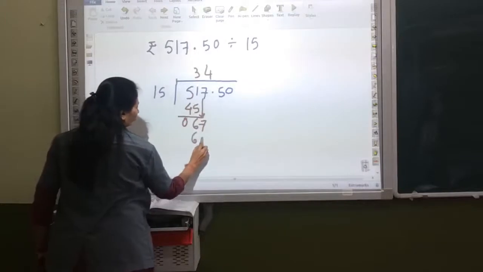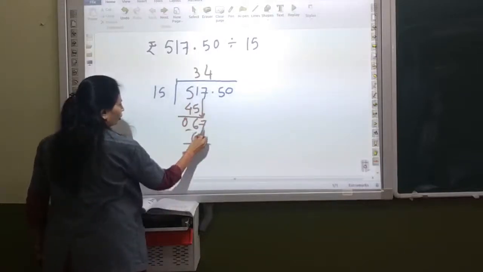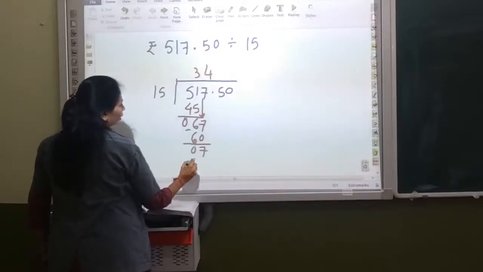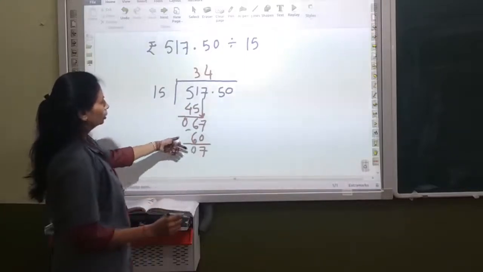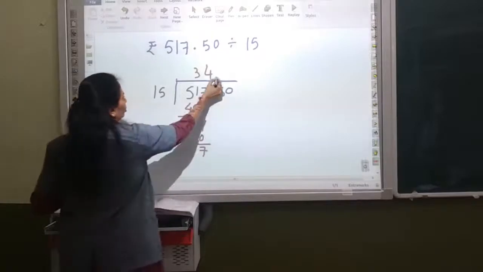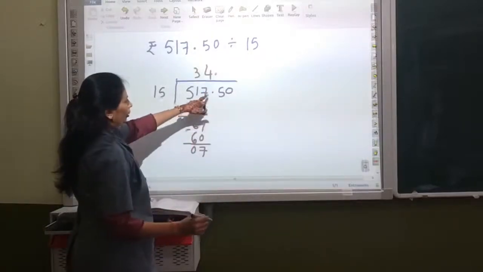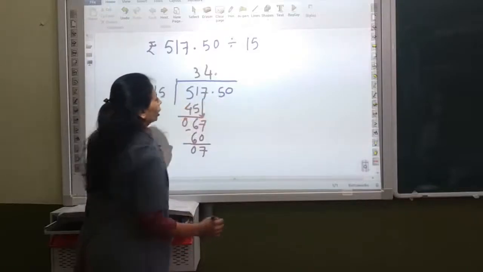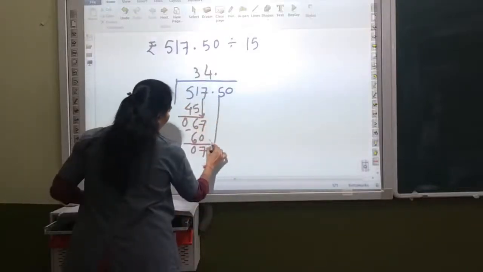So you know very well 15 fours are 60. Right. Now 7 minus 0 is equal to 7, 67 minus 60 is 7. Now here decimal point. So here decimal point means right now turn off paise. Now bring down 5.